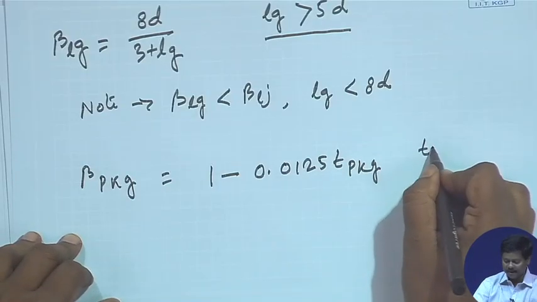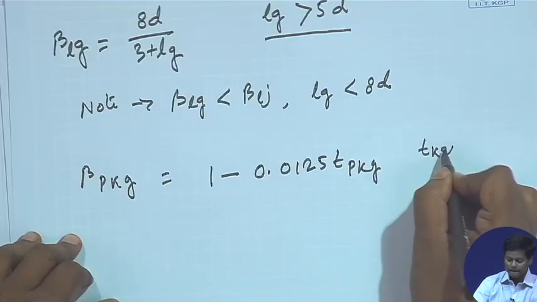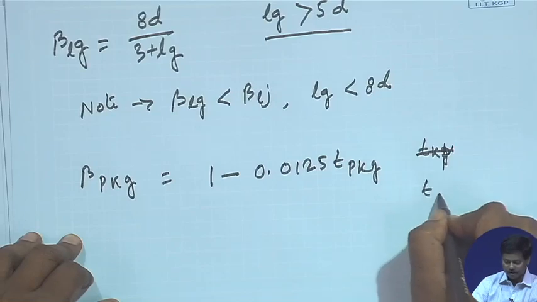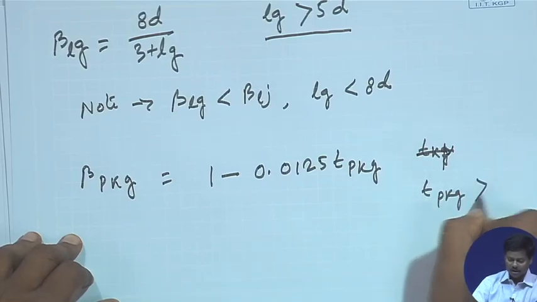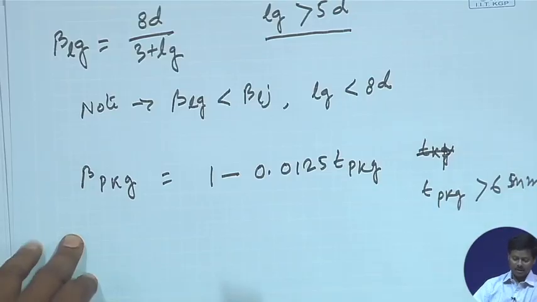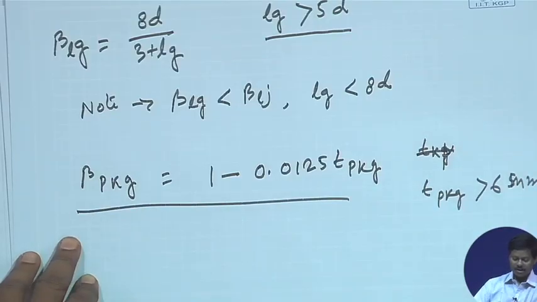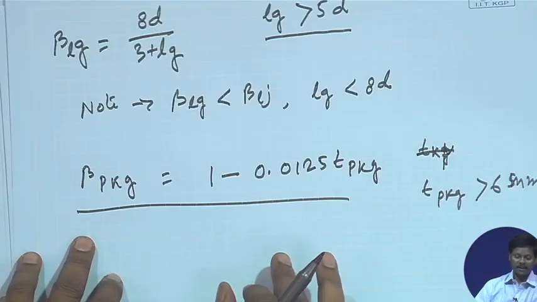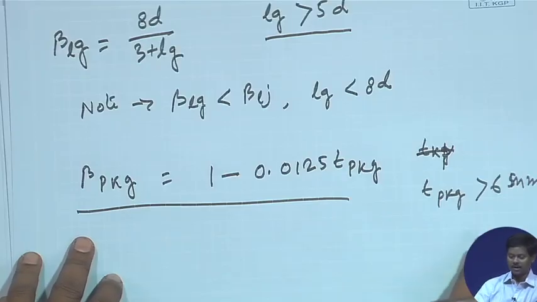Now, if the packing plate thickness T Pkg is more than 6 mm, then we can use a reduction factor of beta Pkg as this. If it is less than 6 mm, we do not have to multiply the reduction factor. This is how we can calculate.